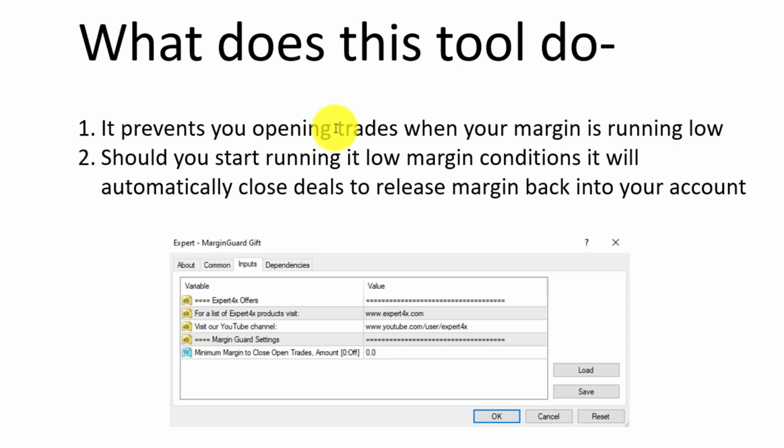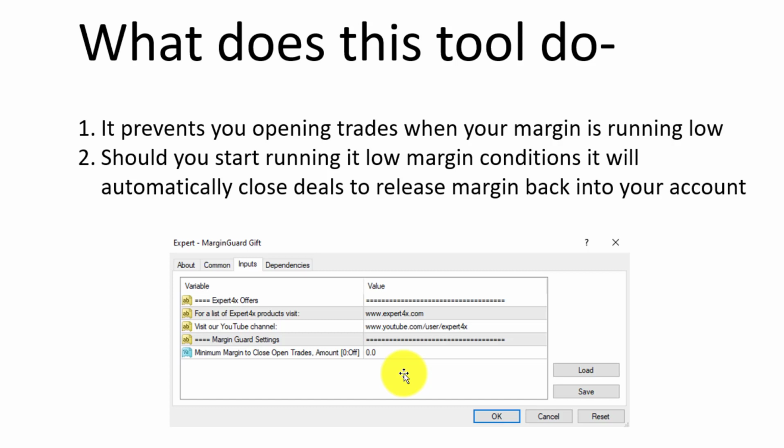This EA only has one input. All you have to tell this EA is what is the dangerous free margin level, at which you want to start closing deals or stop opening deals that cause it to go into those dangerous levels. And the EA will do that for you.